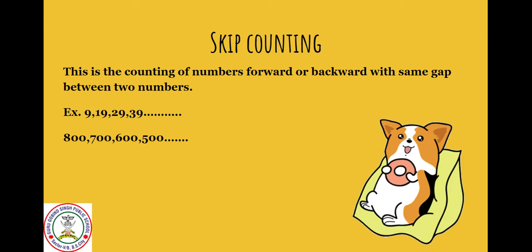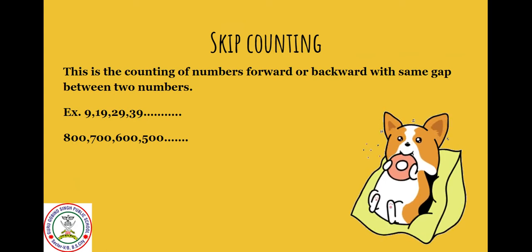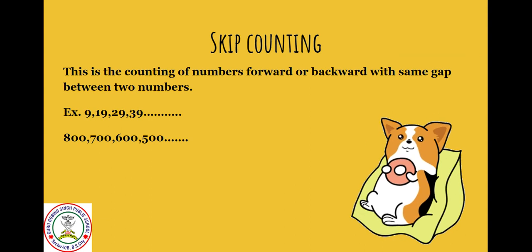In this series, every time 10 is getting added to the previous number, as 9 plus 10 is 19, 19 plus 10 is 29 and so on. Next example is 800, 700, 600, 500. In this series, every time 100 is subtracted from the previous number.